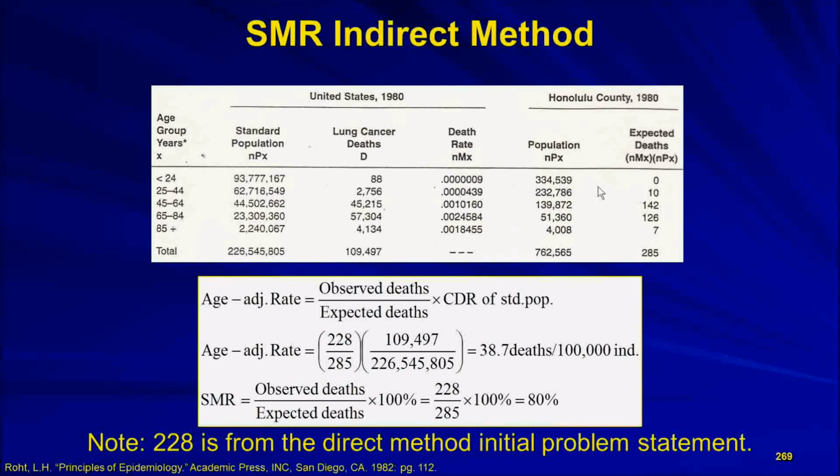All right? Now, I want to go through this process again with you, and this should remind you a lot because we're always looking at observed and expected deaths, and I didn't make that point previously in the direct method, but you should always look at the difference between observed and expected, and that's the same criteria we use for an outbreak, epidemic, and pandemic.